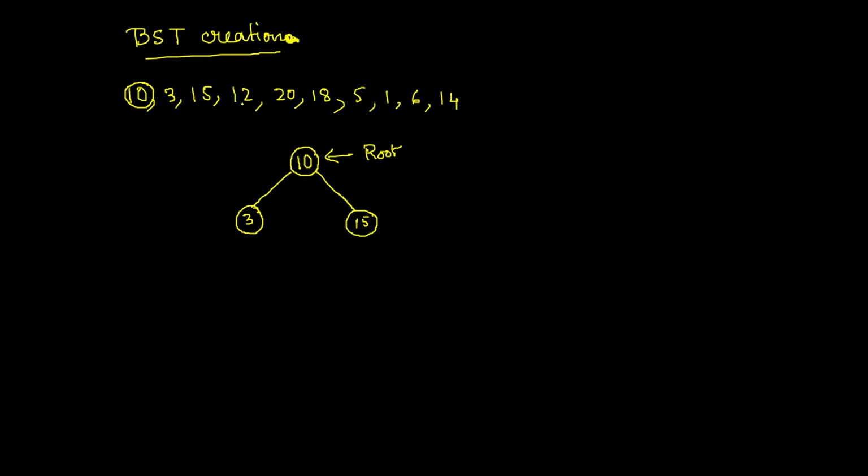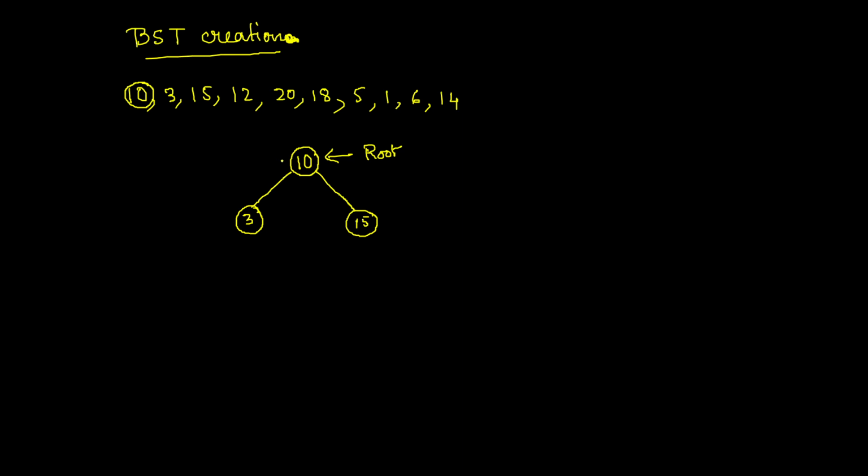Now it comes for 12. Always remember, I'm saying again, that for each and every number we will start checking from the root, and then decide where to go. Now when 12 comes in, I see that 12 is greater than 10, so 12 should be on the right side of 10. The right side of 10 already contains a subtree.